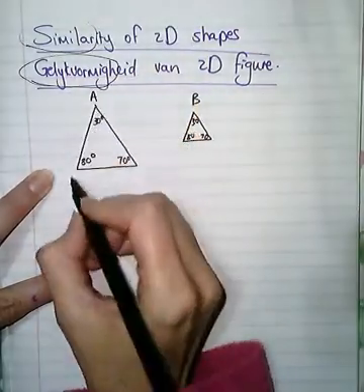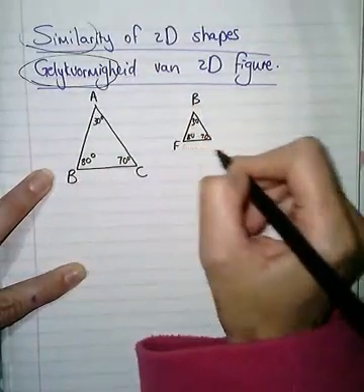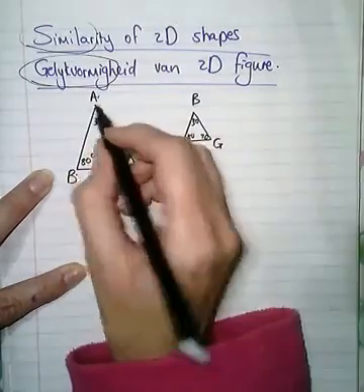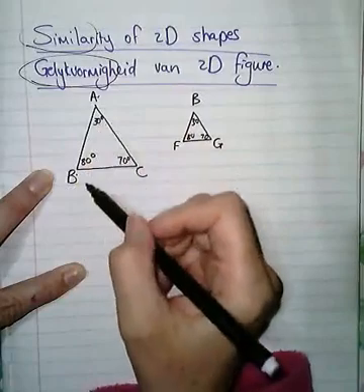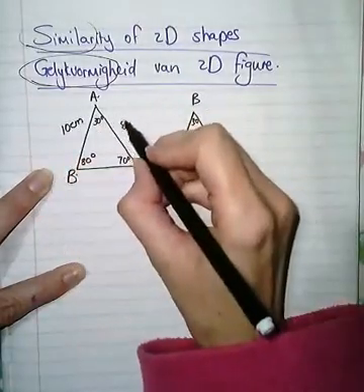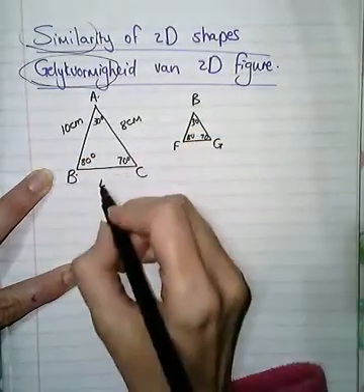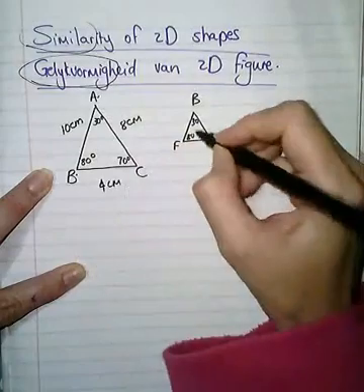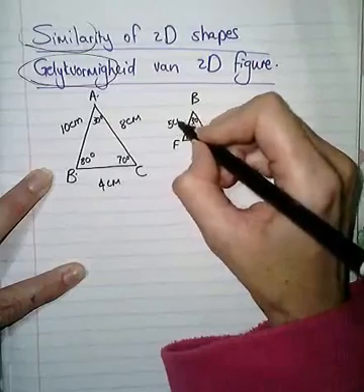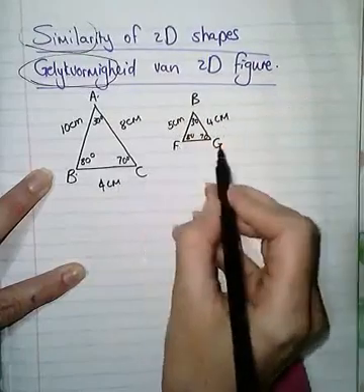This side AB here of triangle A has, let's make that a length of 10 centimeters, this one 8 centimeters, and this one 4 centimeters. And now this one, BF here, is 5 centimeters, BG there, 4 centimeters, and FG there is 2 centimeters.